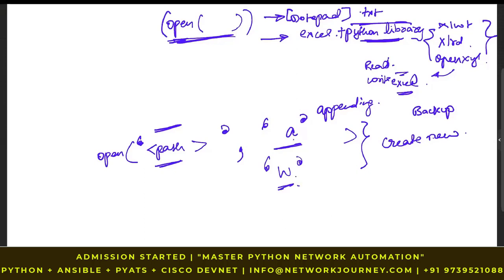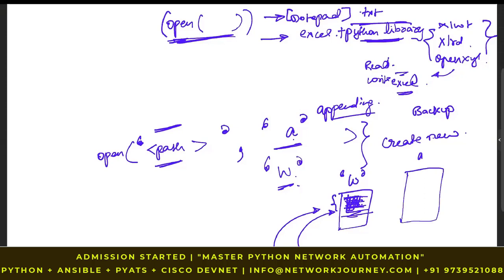The difference between A and W is, in W, let's say you have something, and if you rerun the script, the previous things will be overwritten with the new data. You will run one more time, the new data overlaps the previous data. But in the case of A, when you run something for the second time, they will get appended to the bottom.